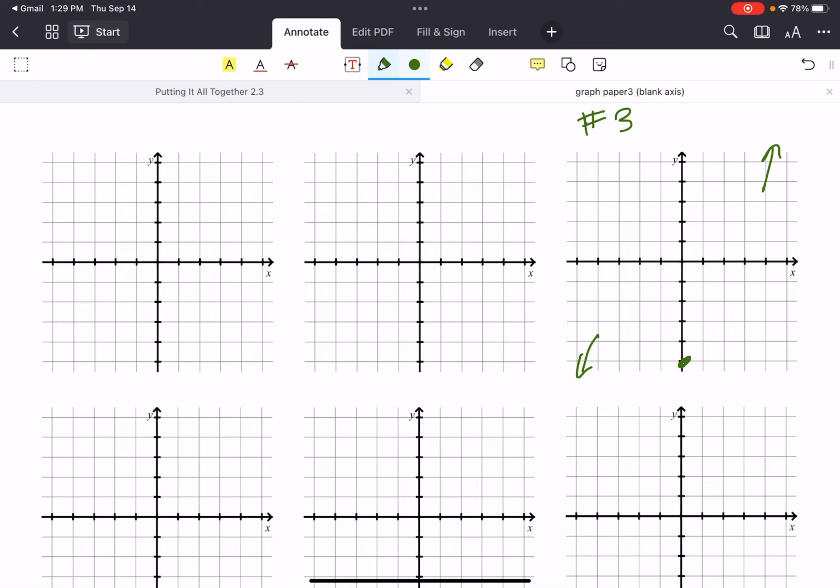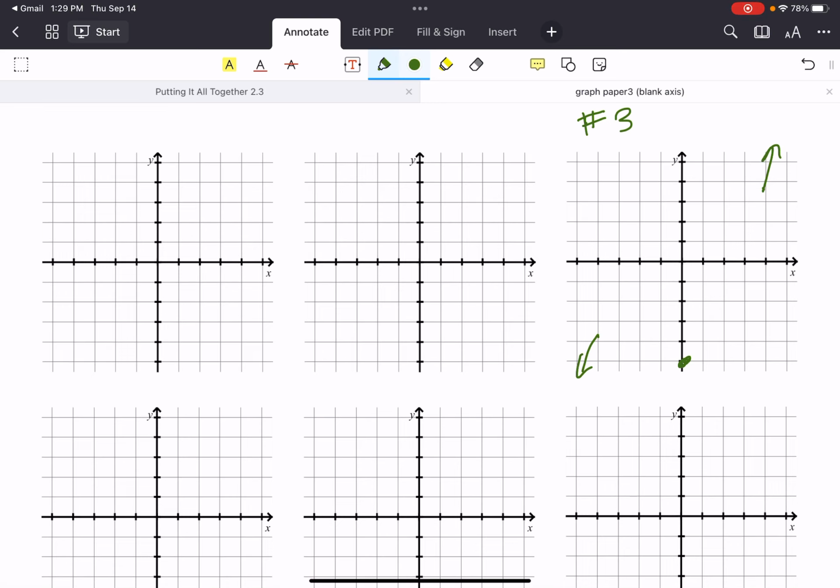Eventually it's just something you have to get memorized. Is that good? This one was a positive odd. Positive x cubed was odd, so it was a down, up.